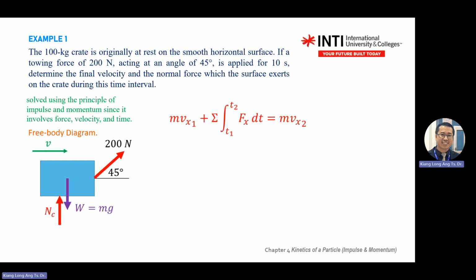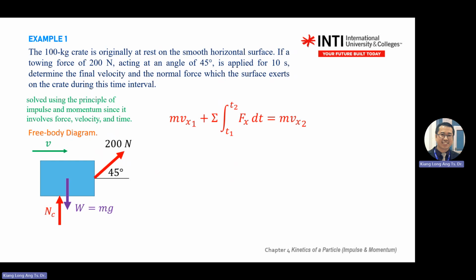F is the external force, which means all these forces in x direction will have impulse. As long as there is a force, there is an impulse. This one only has one force in x direction, which is 200 cos 45 for 10 seconds. T1 is 0 and T2 is 10.